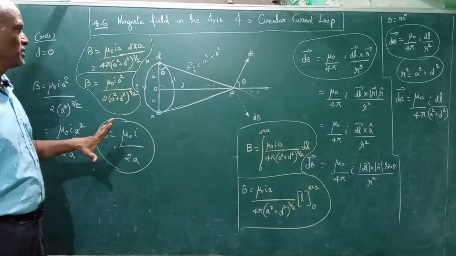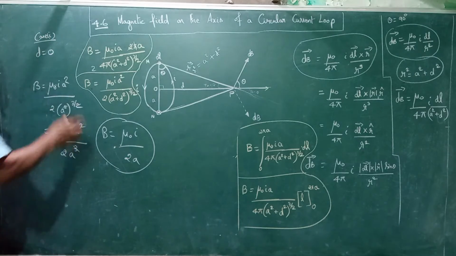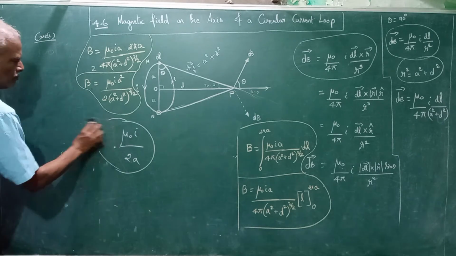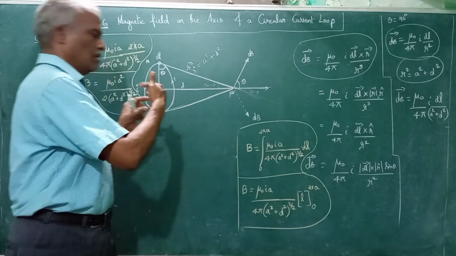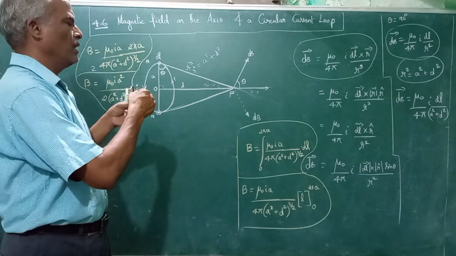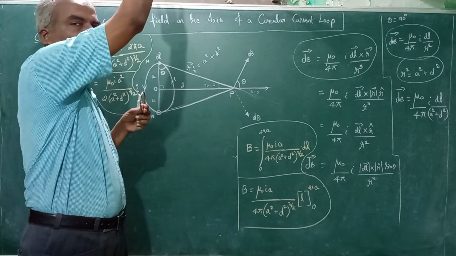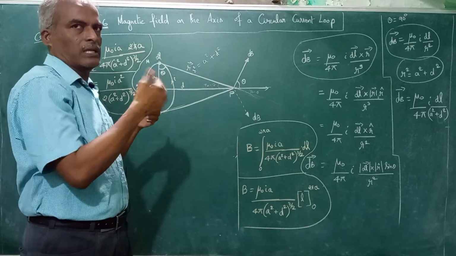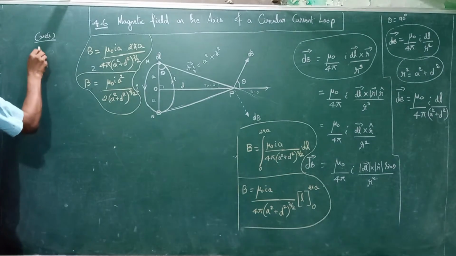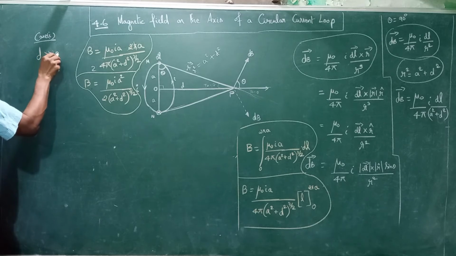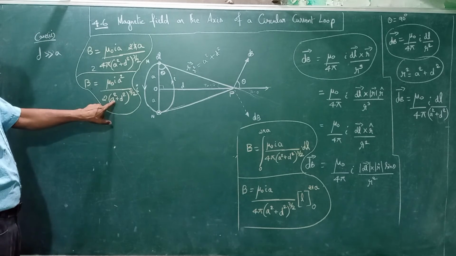This is one observation. Now case 2, we will go for case 2. So case 2 is the d, this distance, that is you have a circular loop and we are considering a point here. Assume this point is at very far, very far compared to this radius. That means now radius becomes negligible. That is d is very much greater than a. So this is case 2. So what happens is this term will become negligible.